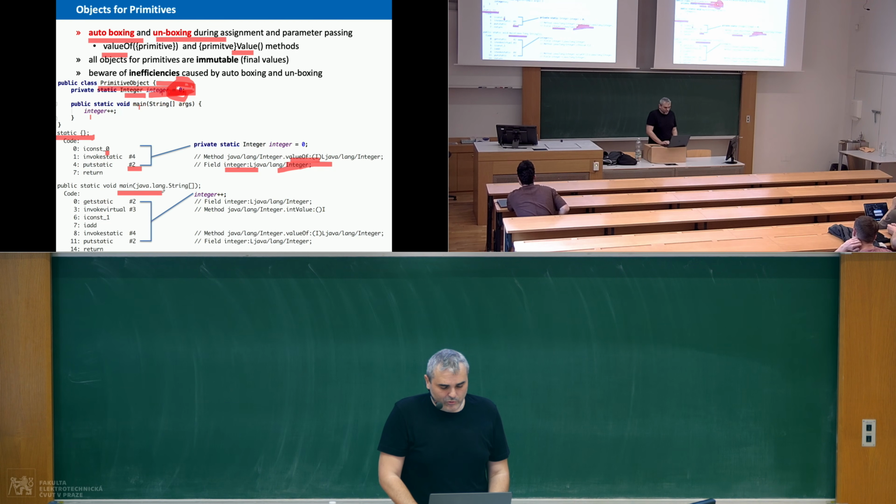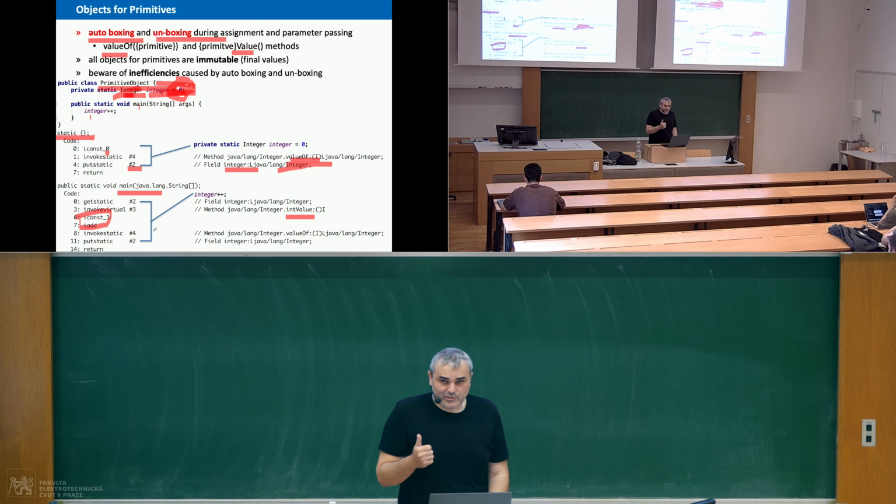If we look at the main method, which just does the increment of that value, it first needs to convert this reference to the object-based integer into a number. That happens here using intValue. So it calls the intValue method on that instance to convert that object into really the number, into the primitive. Then there is this iconst_1 and iadd, that's the increment.